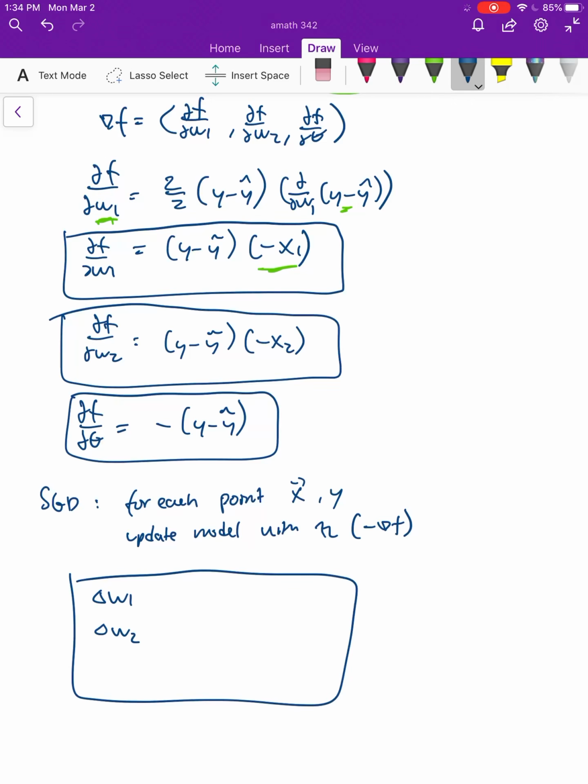So you'd have delta w1, delta w2, delta theta, like so. These are just the gradients that we have derived above, but multiplied by negative eta.